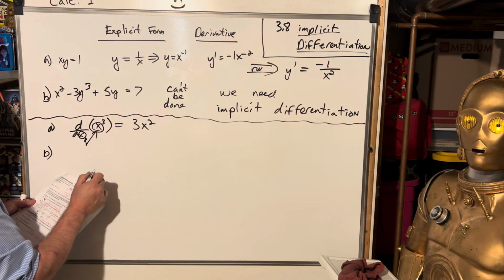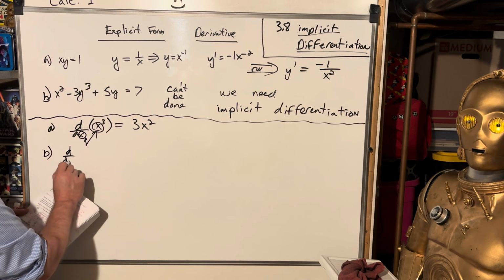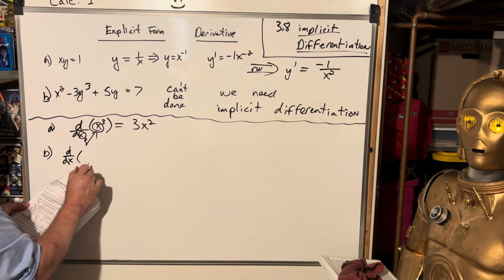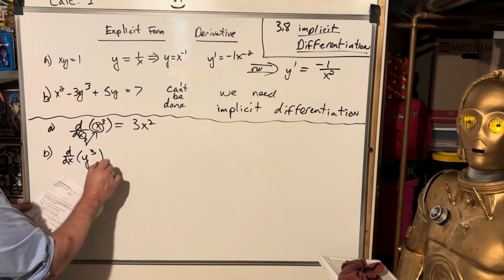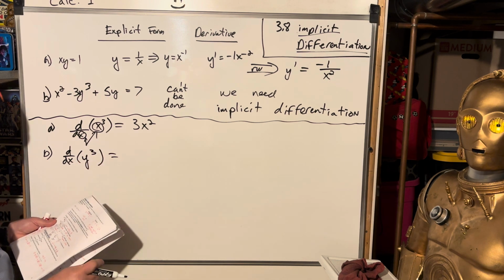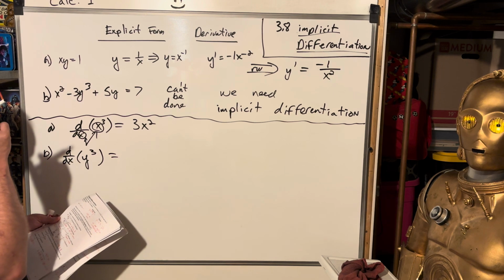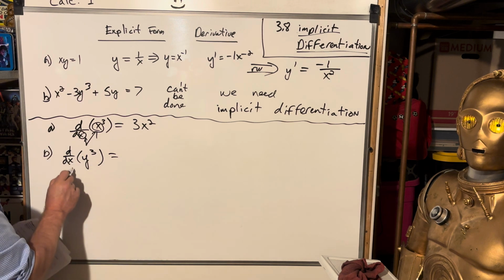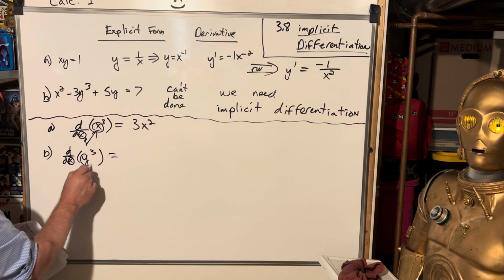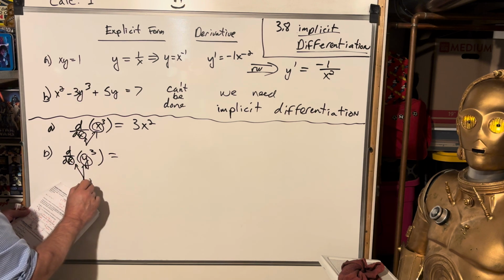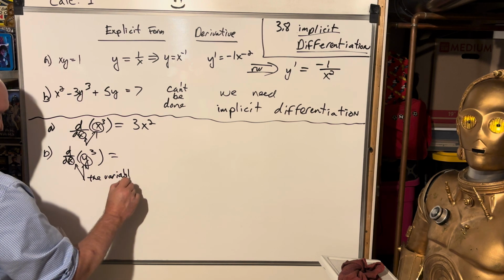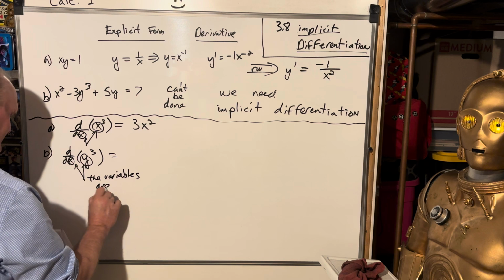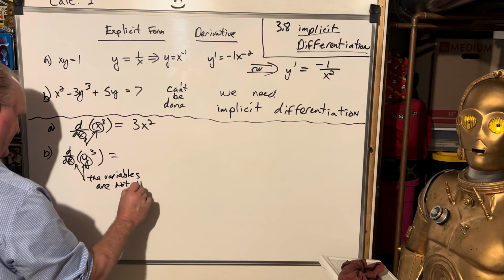Part B, we have d dx of y cubed. Oh, now there's a problem because the variables are not the same. The x there is not the same as the y.